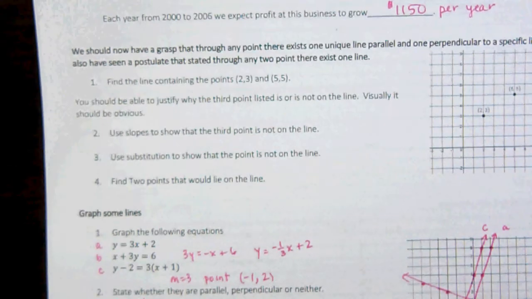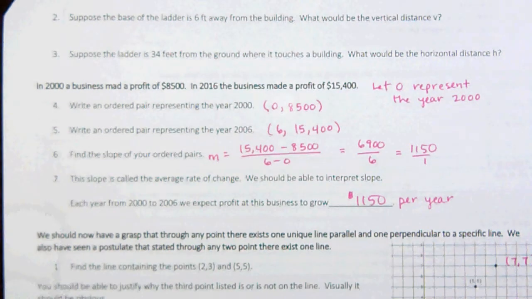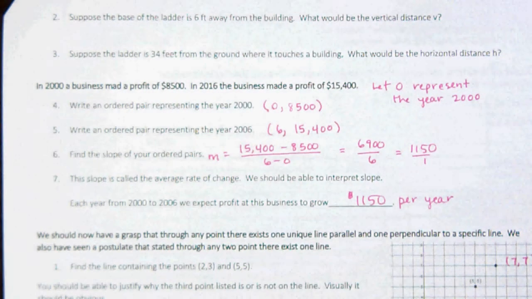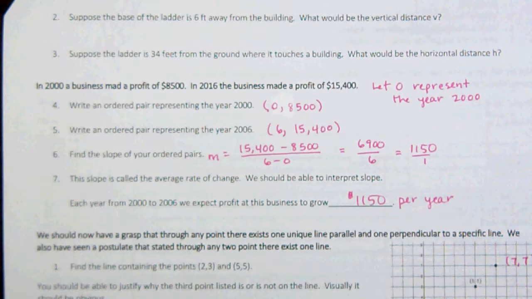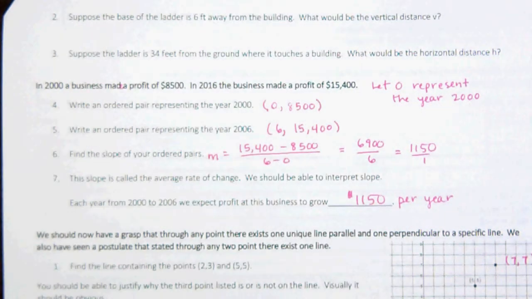Okay, so one good example here, I want to show you an example of how we sometimes use slope and intercept, and that is when we talk about business, we talk about making money. So I'm going to say in 2000 a business made a profit of $8,500, and in 2016 the business made a profit of $15,400.